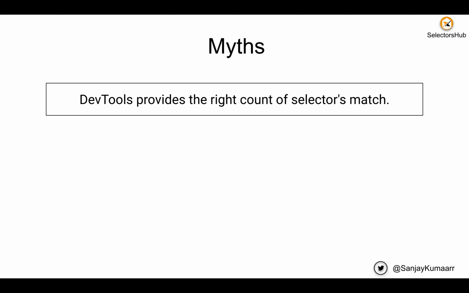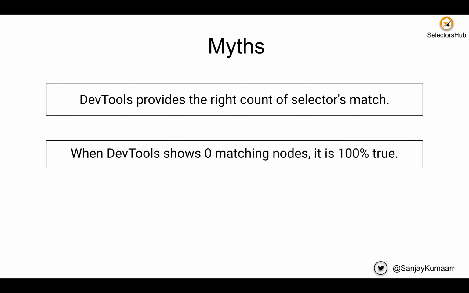In case of Shadow DOM, it used to give wrong results. If you directly do dollar and then a CSS selector for a Shadow DOM element, it will give zero results. In case of iframe as well, you will have to understand it, otherwise you will get wrong results many times. So it's really tough when DevTools shows zero matching nodes.